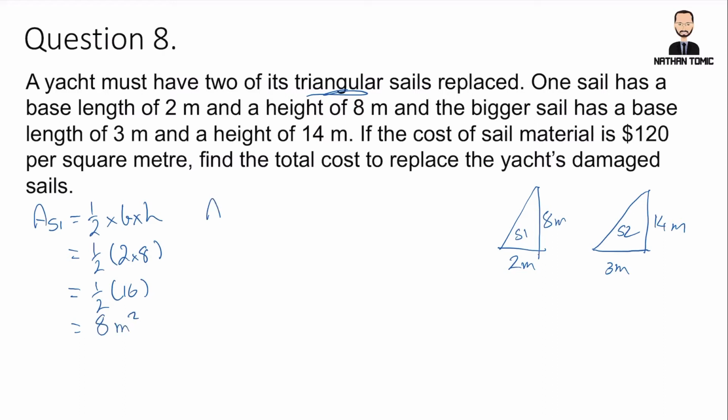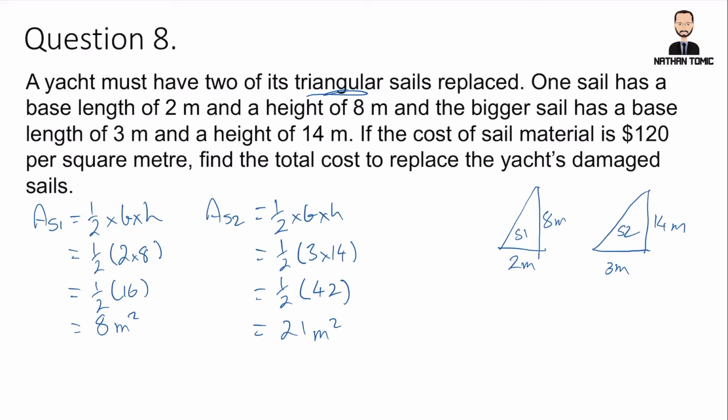And then the area of sail 2, the bigger one, is the same, half times base times height, which is half of 3 times 14, which is half of 42, which is equal to 21 meters squared.